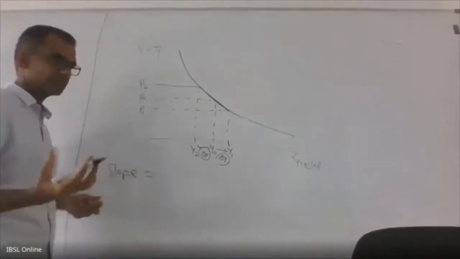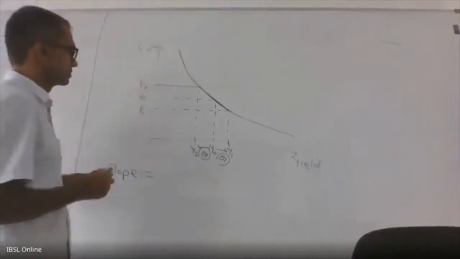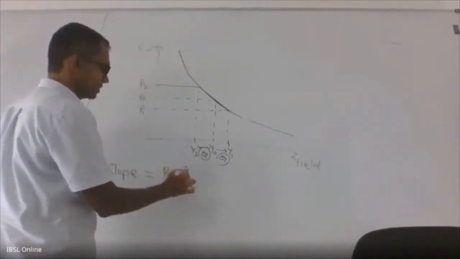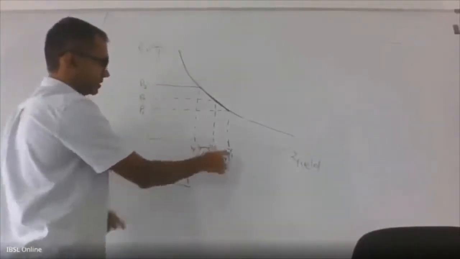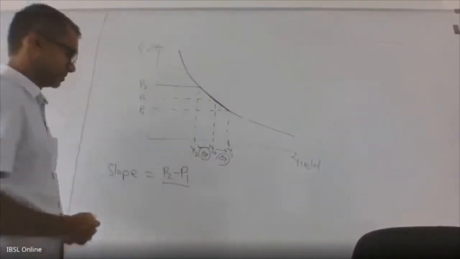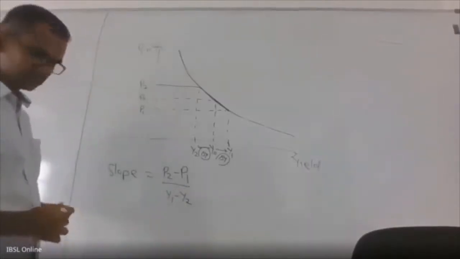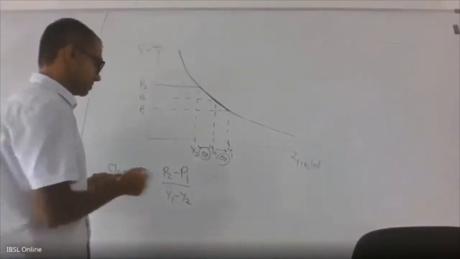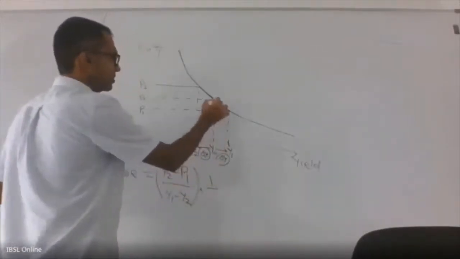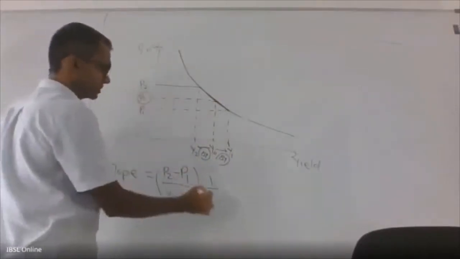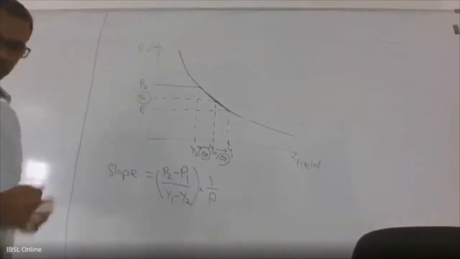If you can remember your grade 7, 8 mathematics, it is P2 minus P1, the difference between these two prices, over the difference between these yields, which should be Y1 minus Y2, and we express this as a percentage of the original price. That's how we calculate the duration.